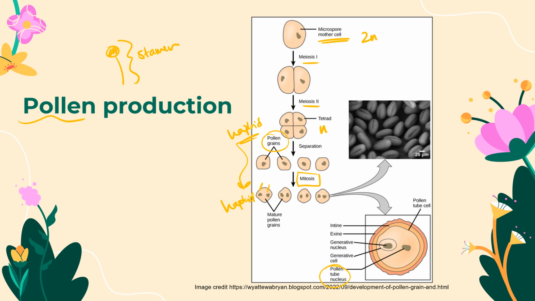Its job is to express some genes involved in the development of this pollen grain and also in fertilization. The other nucleus, this generative nucleus, isn't going to be involved in fertilization itself. And in fact, we're going to talk about how it goes through mitosis one more time. We end up with 2 of these generative nuclei right before fertilization occurs.